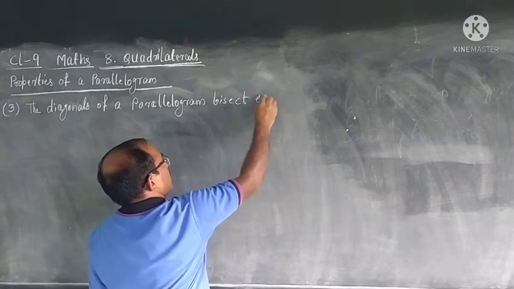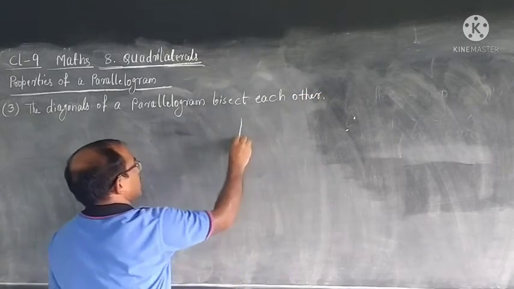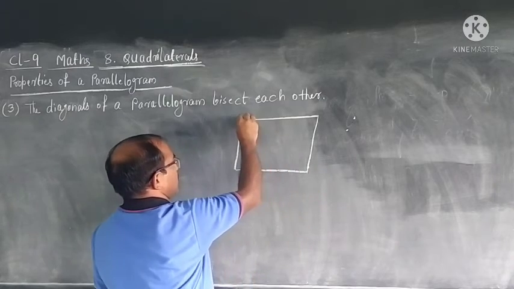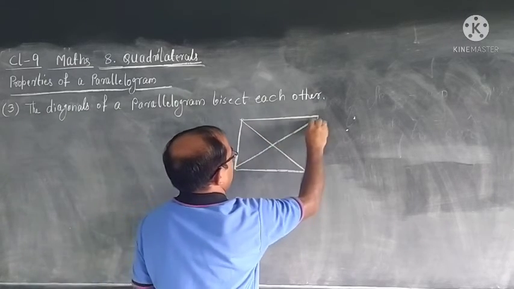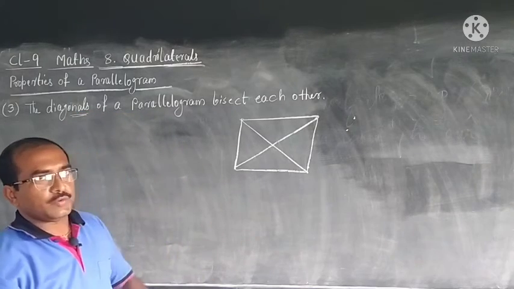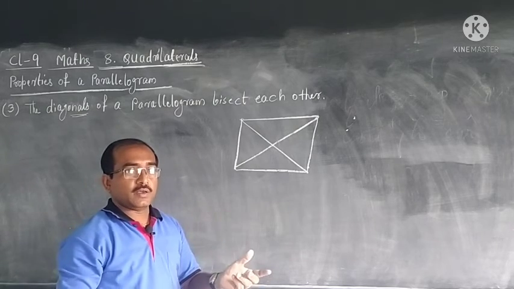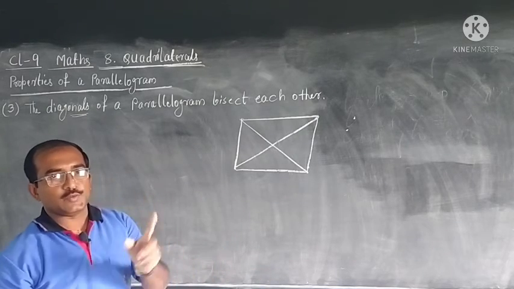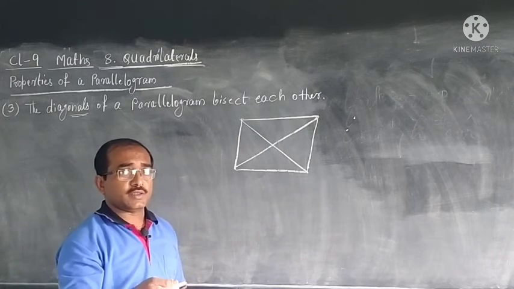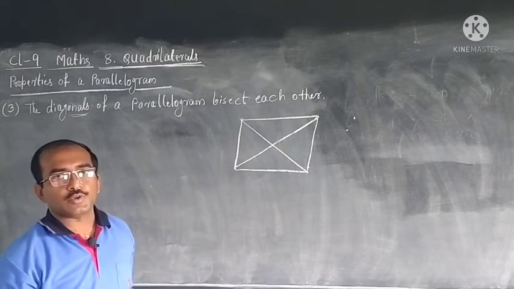So, we will understand this in the figure. We are talking about diagonals, not diagonal. Always listen to the word, it will have a different meaning. When we say the diagonal, that means we are talking about one diagonal. Here we are talking about the diagonals, that means a quadrilateral can have at most two diagonals only. We are talking about both diagonals.